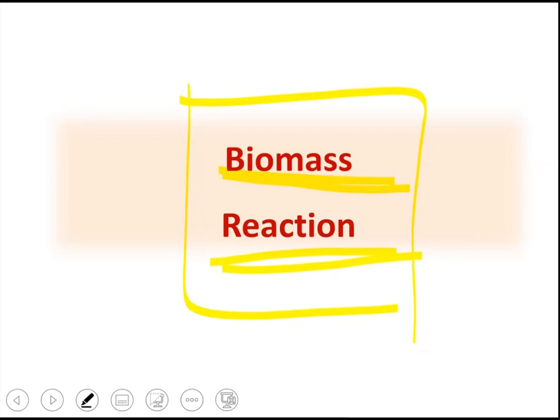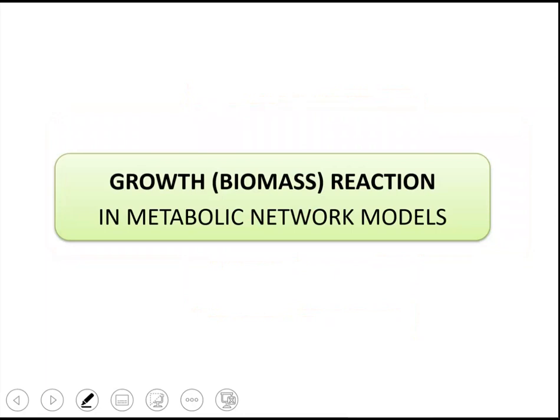And this is very important, and I will spend some time sharing with you the idea behind the biomass reaction and how it can be constructed. It is also referred to as the growth reaction.